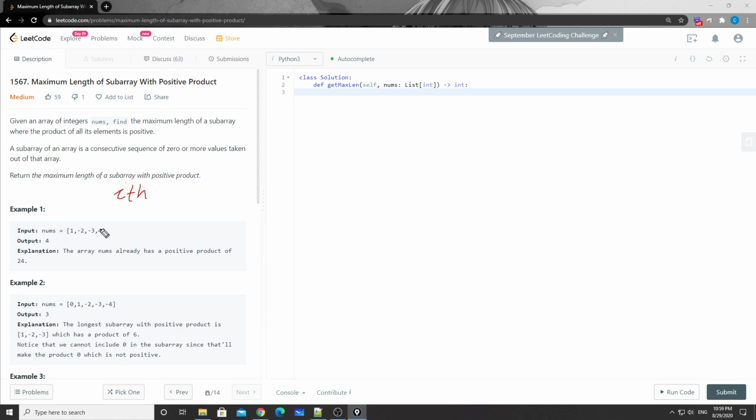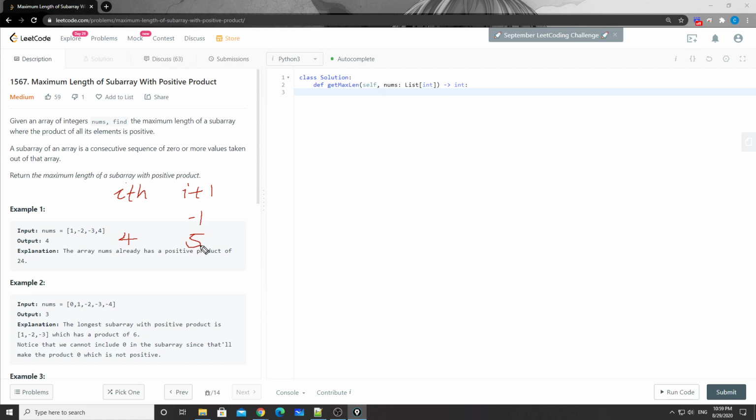Because even though the current position i is negative, let's say the negative length is 4. If at the i minus 1 position there's another negative number, then this negative length of 4 could become a positive 5.